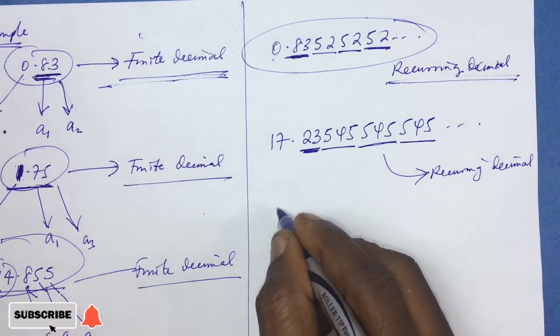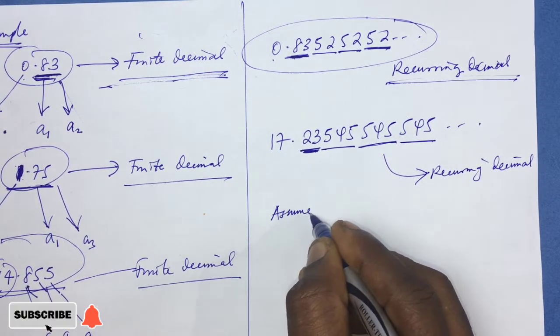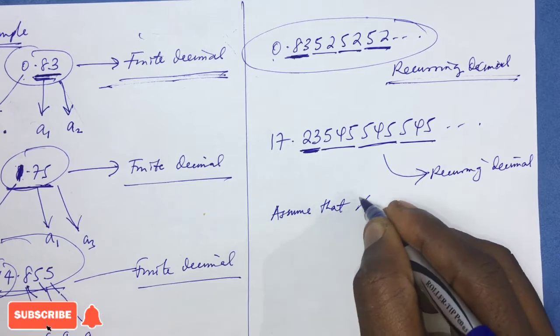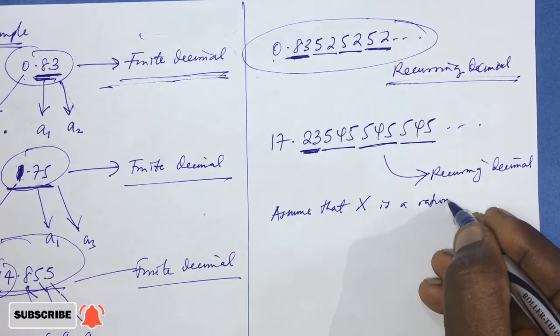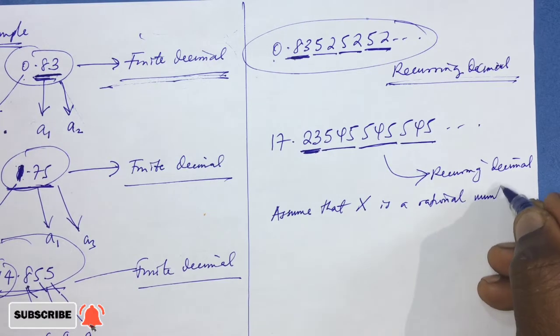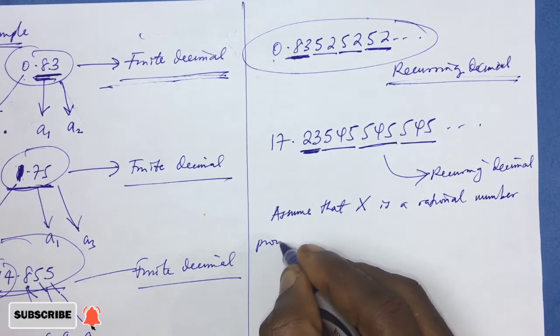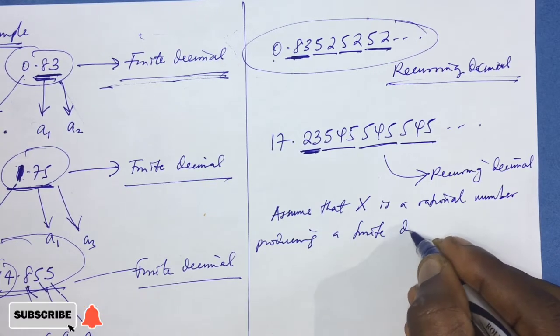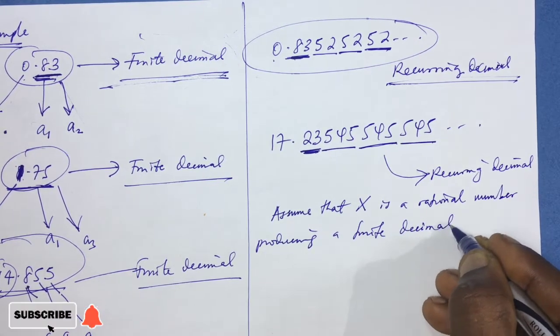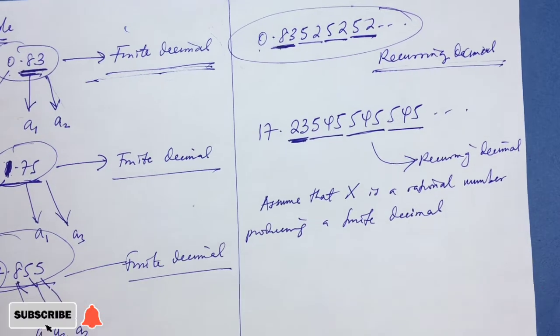Now let us assume that x is a rational number producing a finite decimal.